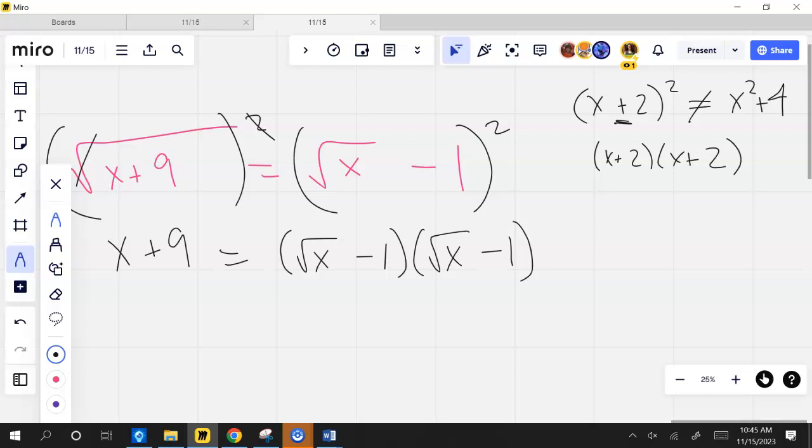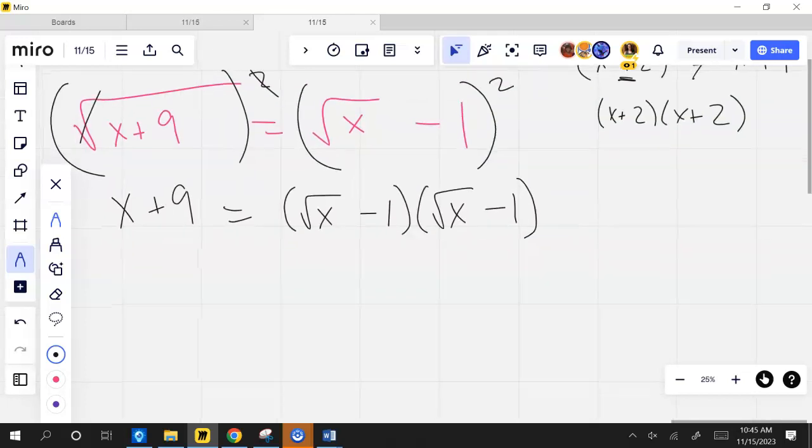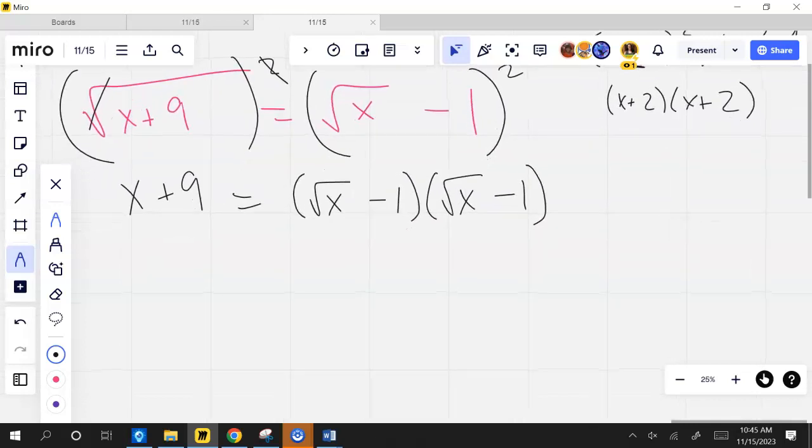Okay, so shoot. Now we're all kinds of messed up. Well, y'all are really going to love this problem when you see what happens when you FOIL it. What's the square root of x times the square root of x? 1x.